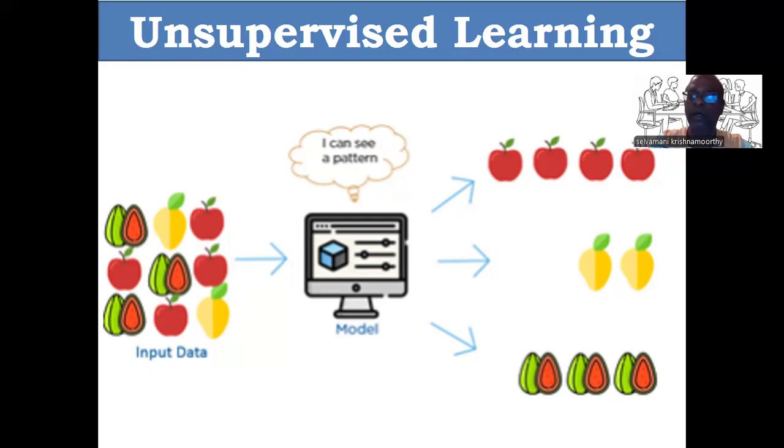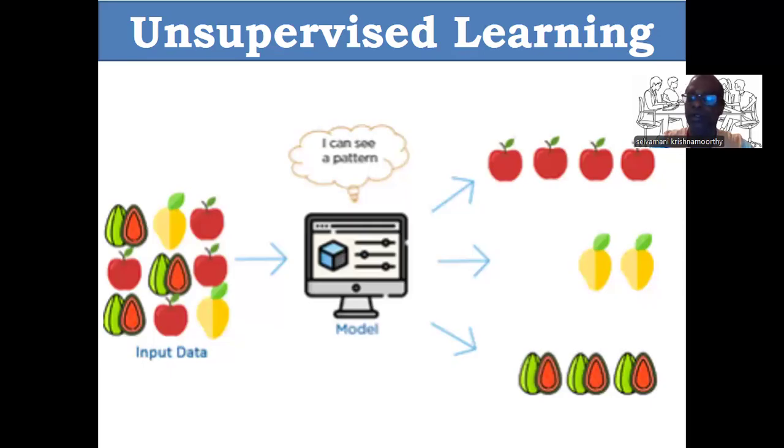There is no label saying which is apple, which is mango, which is avocado; we didn't give that. But the system accepts all the photos of fruits. It recognizes based on the color and the size. So it kept all red color fruits separately, all yellow color fruits separately, all triangular shaped fruits separately. This is called unsupervised learning.